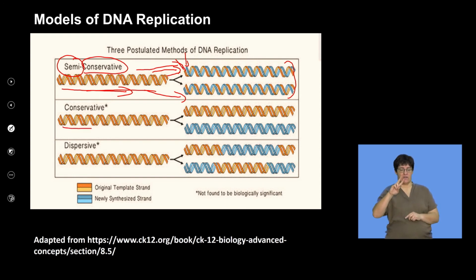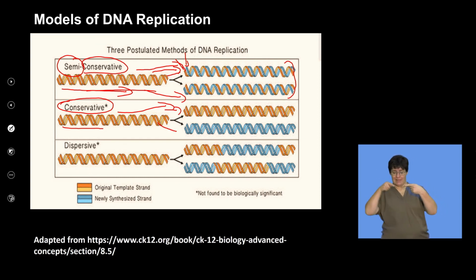The second model that we look at is the conservative model. If you think of the word conservative, it essentially refers to keeping the old. And so the conservative model talks about DNA being replicated where the original molecule is intact and a new copy of DNA is produced.